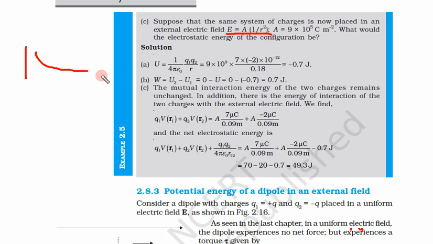As we move away and away, this electric field decreases as 1 by r square, where A is 9 into 10 to the power 5 newton meter square per coulomb. So this is the strength of this field. What would be the electrostatic energy of the configuration? So in this case again we have to measure this electrostatic energy. So these are the three cases. Let us solve one by one.